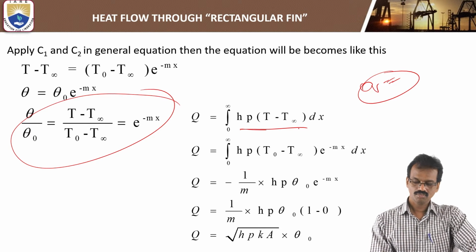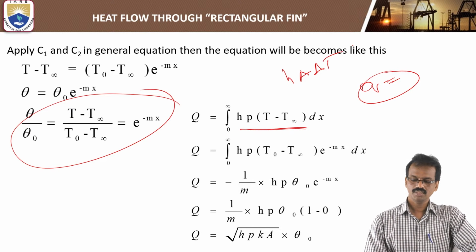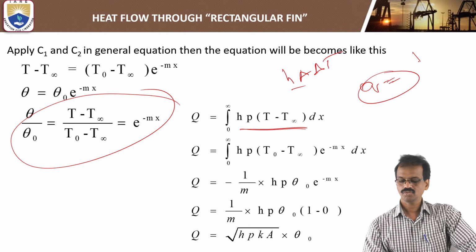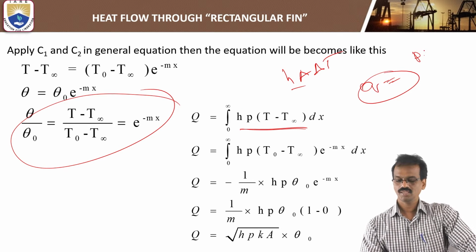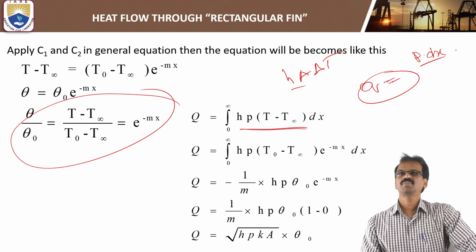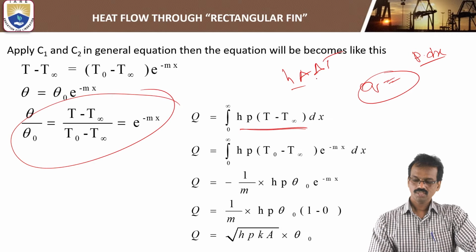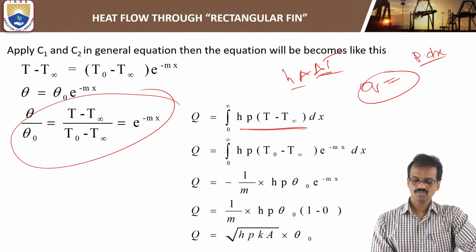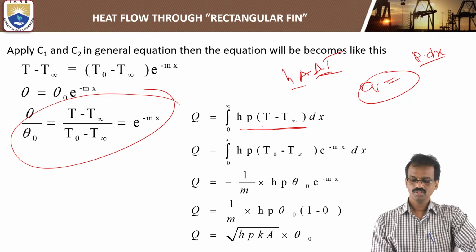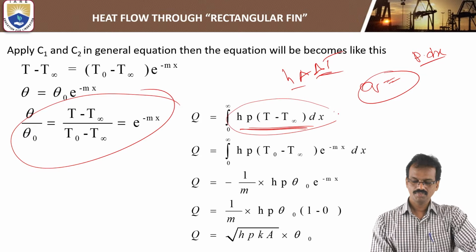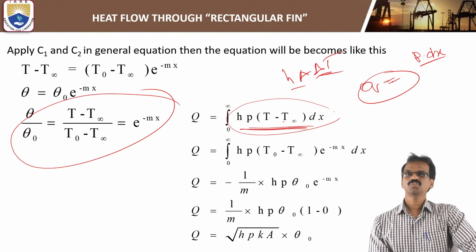Here the convection principle is taken, that is, you know, hA into delta T. So hA is equal to the perimeter of the small elemental area into dx, where dx is the width of the small elemental area, into the temperature drop. The temperature drop for the small elemental area is equal to T minus T infinity. So this is the convection formula for the rate of heat transfer for the small elemental area.